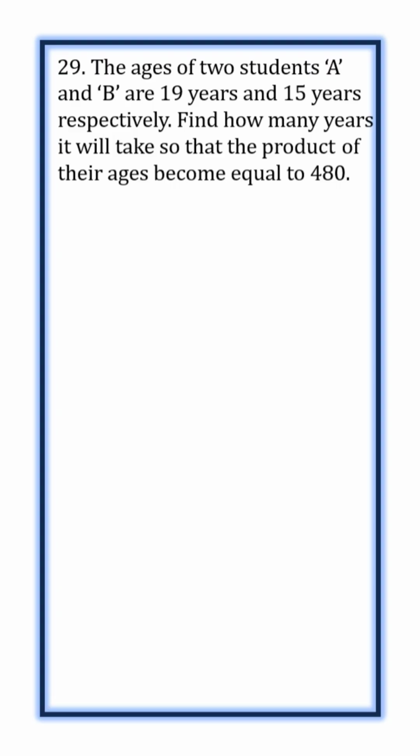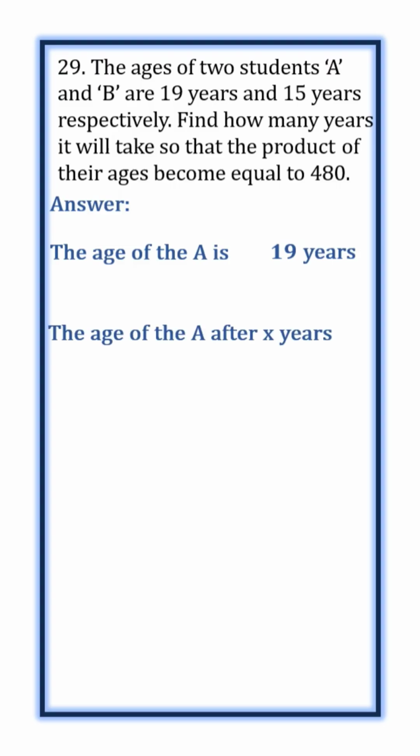The age of A is 19 years. After x years, because we have to find the product of ages of A and B after some years, A's age is 19 plus x. Age of B is given 15 years.